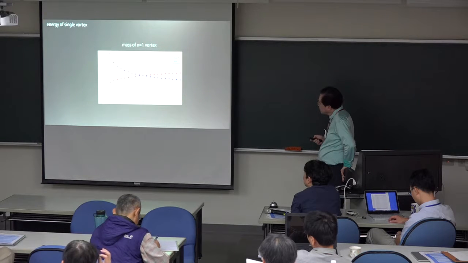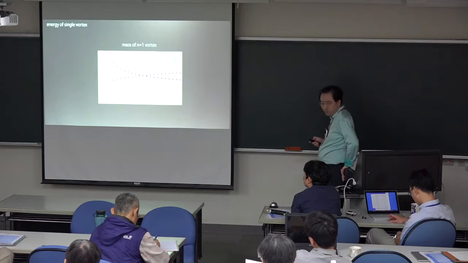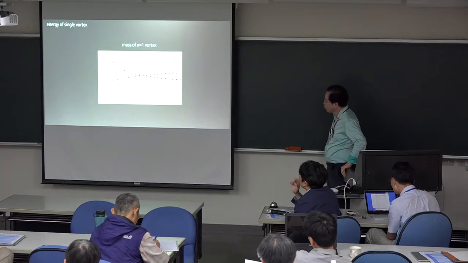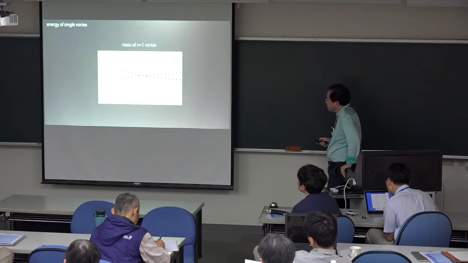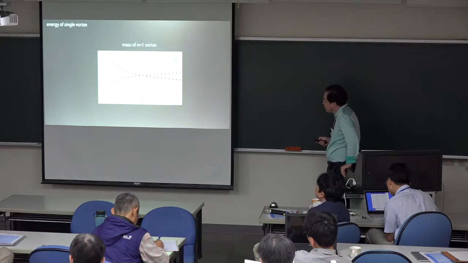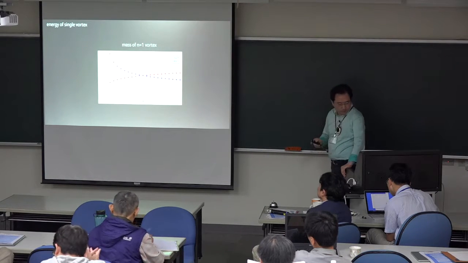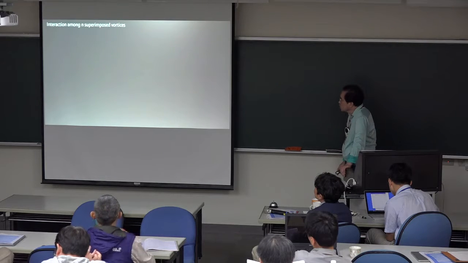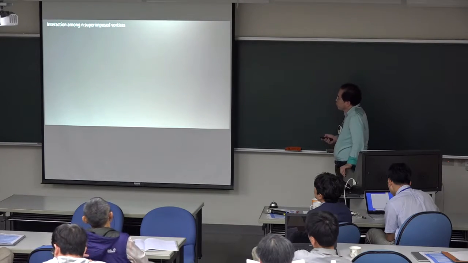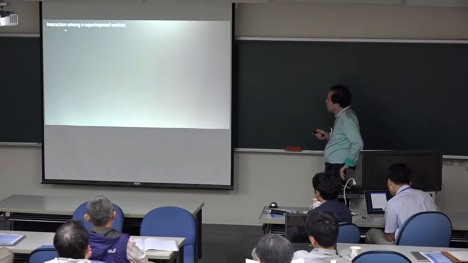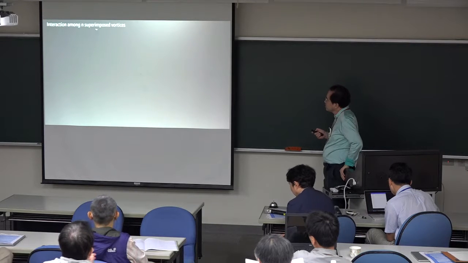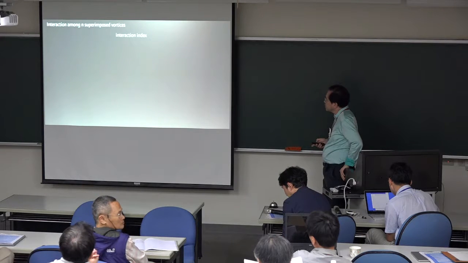The energy is of course increasing if you increase the coupling of the quadratic term of the scalar field. However, if you divide it by the mass of the Higgs field, then it decreases like this.